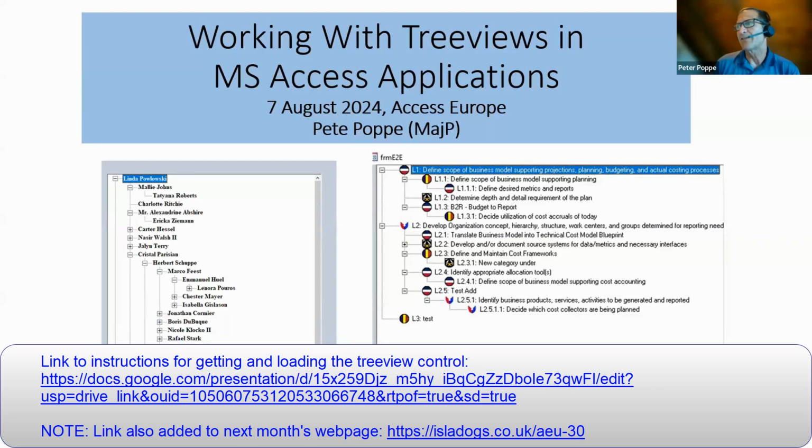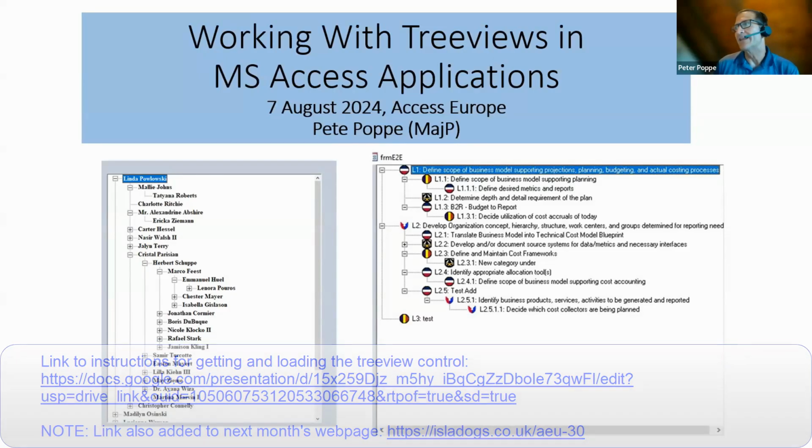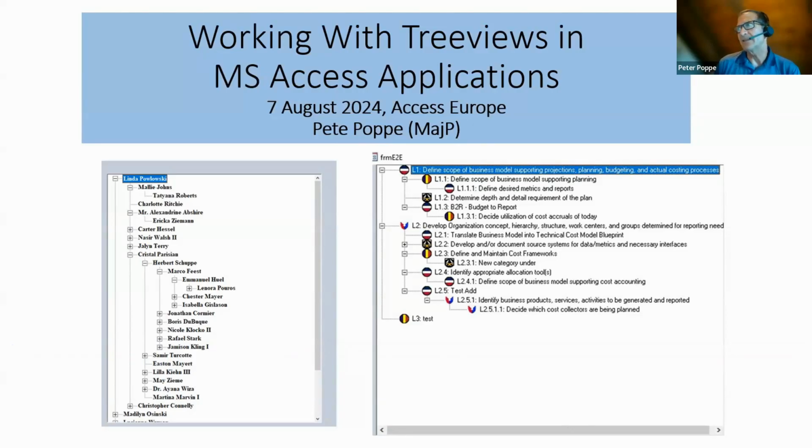And then there's a couple other topics that are related. Treeviews are really good for showing hierarchical data, self-referencing data. And often in this type of data, recursion comes into play, and we'll touch on how you can use recursion to traverse the Treeview and the data in these hierarchical tables.